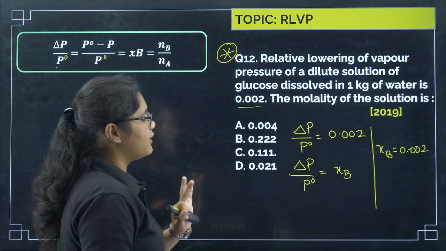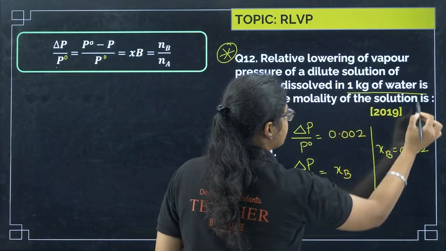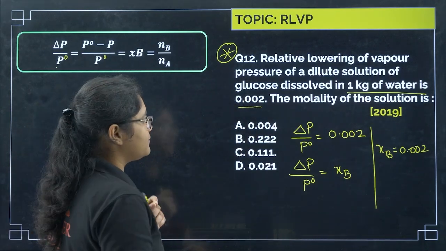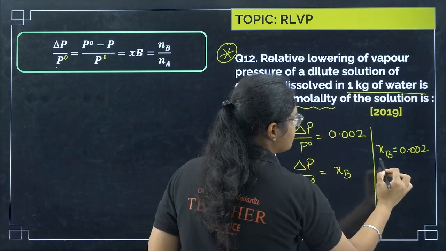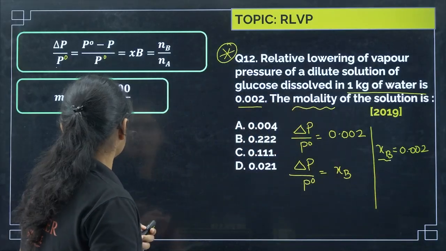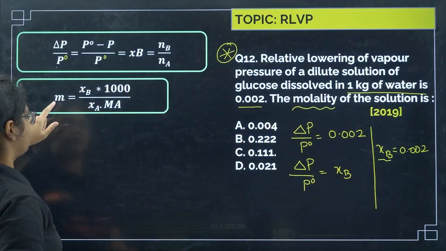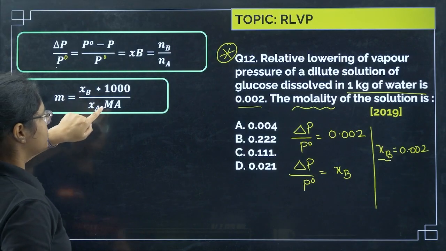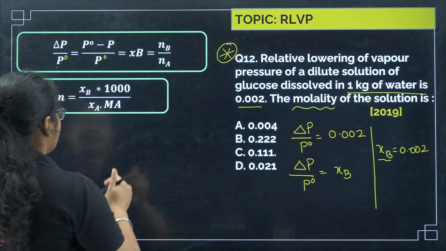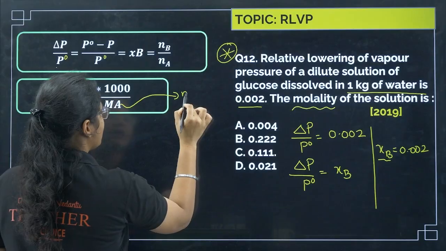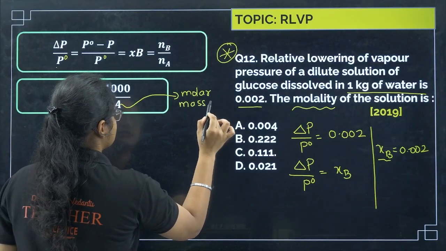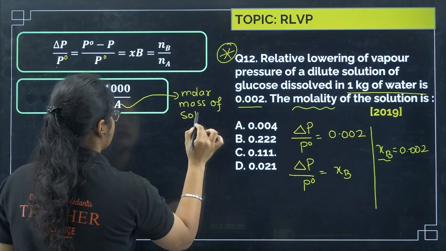Now it is given 1 kg of water, right? Now I have a formula to relate molality and mole fraction. What is that formula? Molality m is equal to XB by XA into 1000 by MA, where MA is the molar mass of solvent.